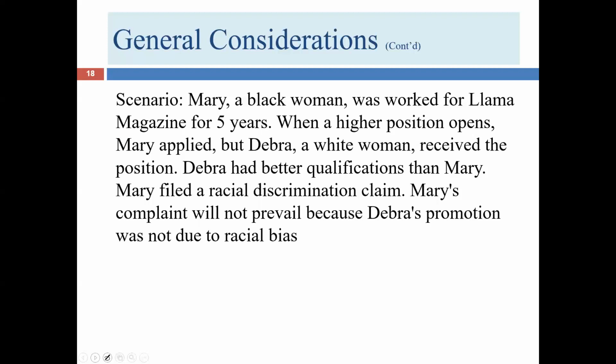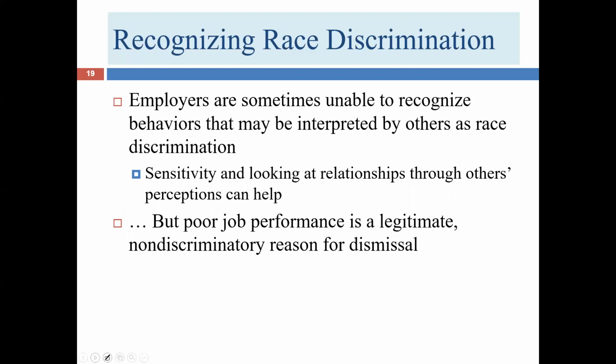Mary feels, though, that despite Deborah's better qualifications, this was an example of race discrimination, so she files a claim. Under these facts, assuming that it's true that Deborah does in fact have better job qualifications, Mary's claim won't prevail because she wasn't denied the promotion for racial bias, but because Deborah was the better candidate.